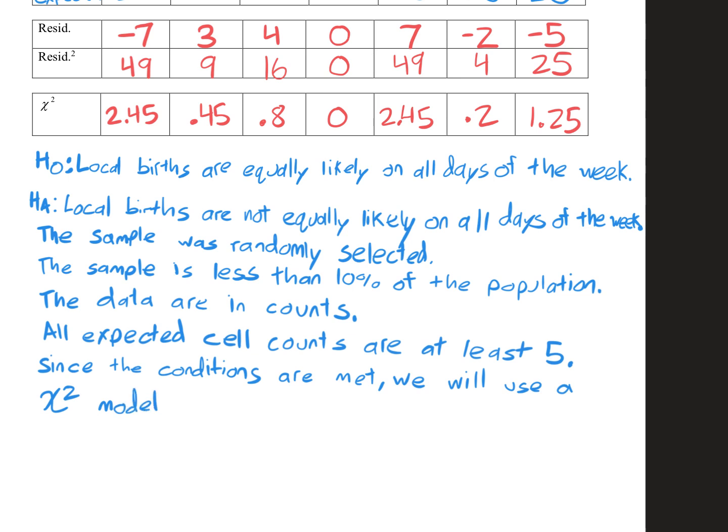Chi-square model, and then you have to say which one. So how many categories were there? There were 7 days of the week, so we had 7 categories. So our degrees of freedom is 6, 7 minus 1. All right, so we're going to do a chi-square model with 6 degrees of freedom.